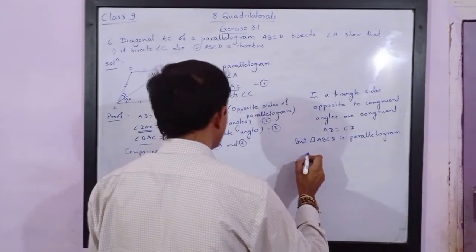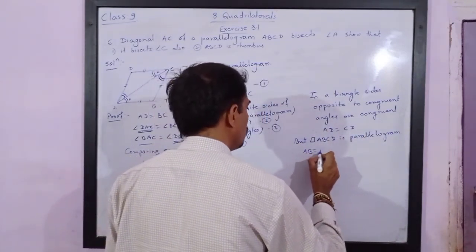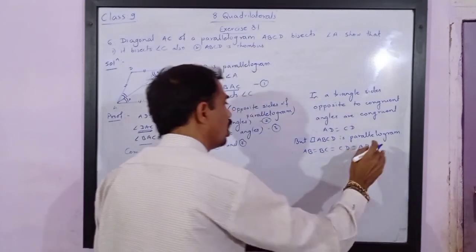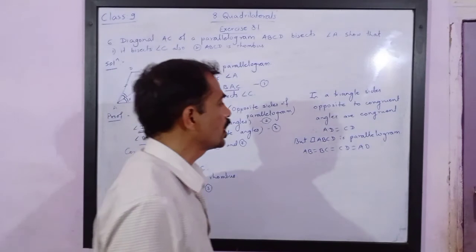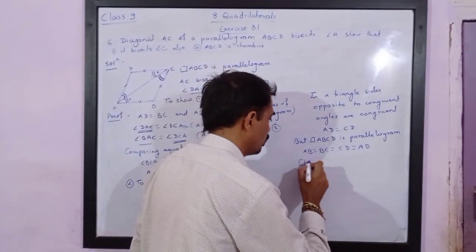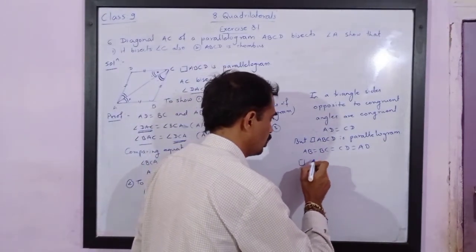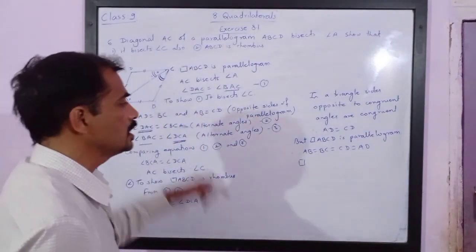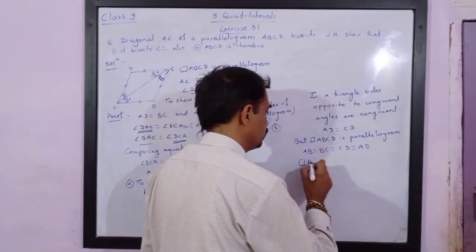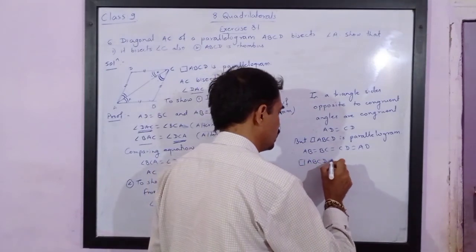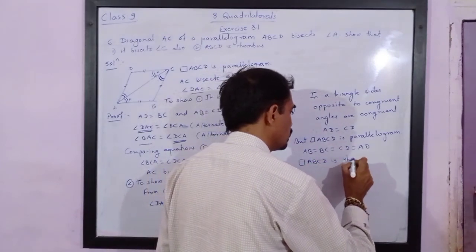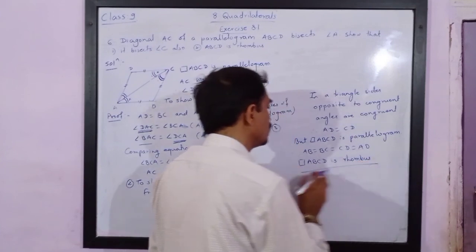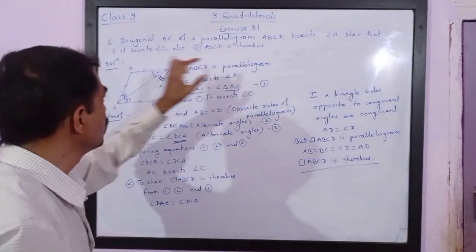Therefore, we can say that AB equals BC equals CD equals AD. All four sides are equal. It means quadrilateral ABCD is a rhombus. Therefore, it is a parallelogram with all sides equal. Hence, quadrilateral ABCD is a rhombus. Thus, we have proved the second part of the question.